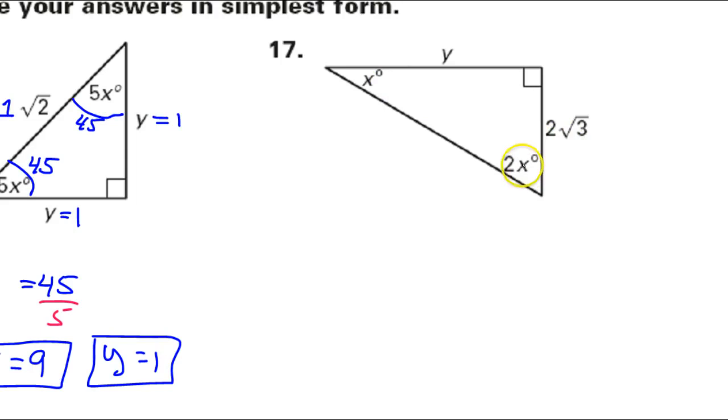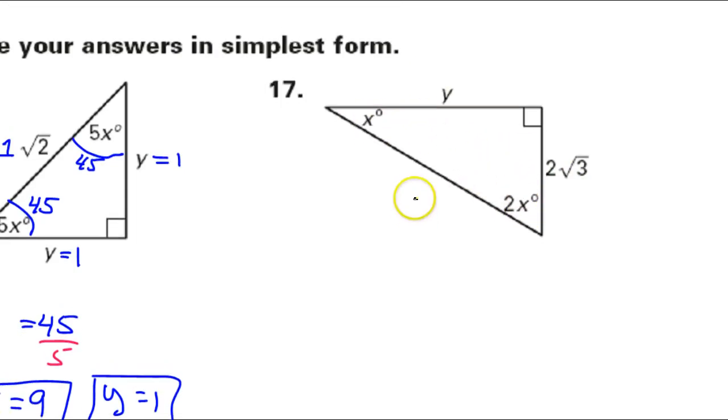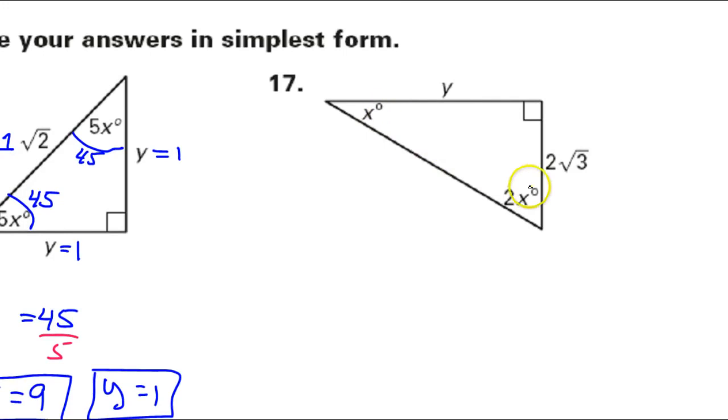Well, let's go ahead and deal with the x. In the context of 45-45-90 triangles and 30-60-90 triangles, it would be a good hypothesis to think, could this be 30 and could this be 60? When you think about it, that's the only angle it could be, because we have x and we have 2x.